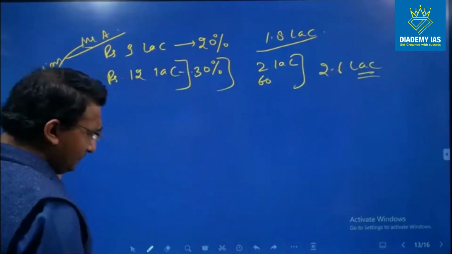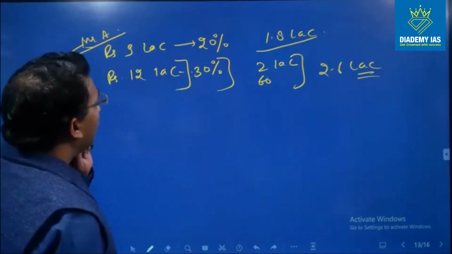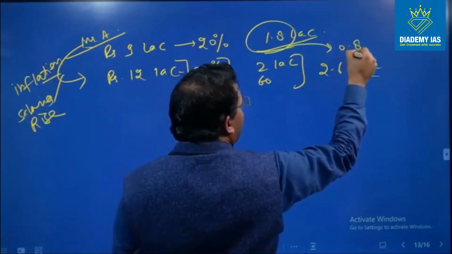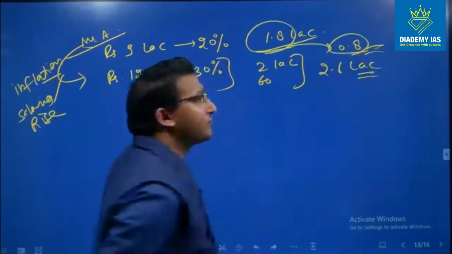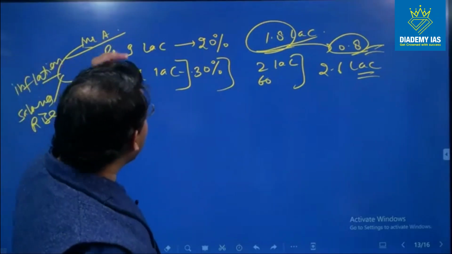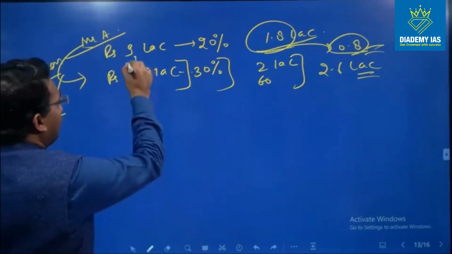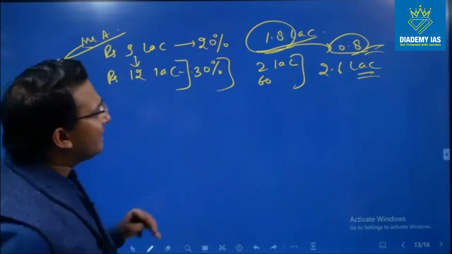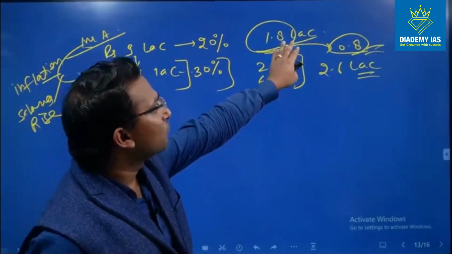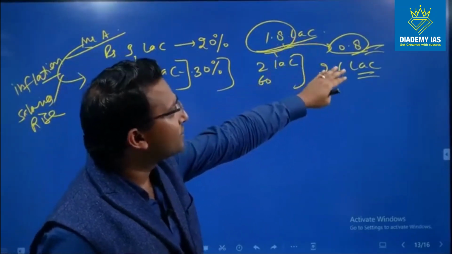Amount, right? So you can see there is a certain jump of 0.8 lakh or 80,000 in the tax expenditure of Mr. A. So the increase in the income is from 9 lakh to 12 lakh, but the increase in the tax expenditure is much higher. So from 1.8 to 2.6.